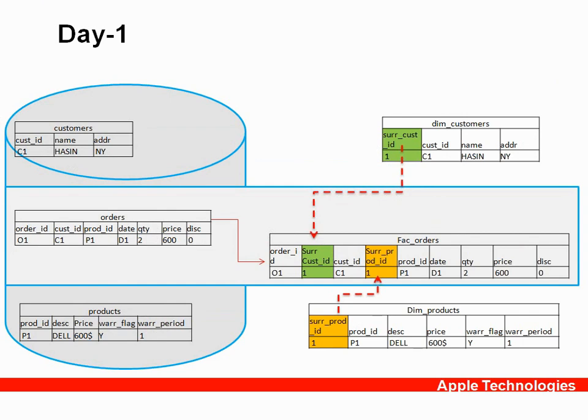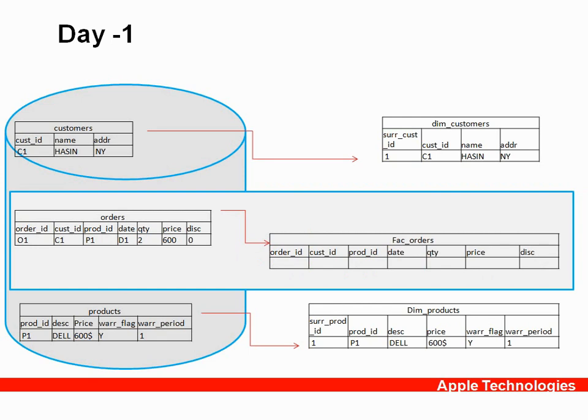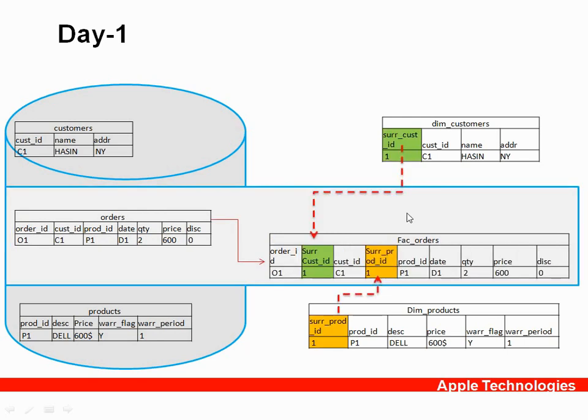You can see 1, 2, 3, 4, 5, whatever columns are there, I just created all the columns. But when creating fact tables, in addition to those columns, remember star schema: dimension, fact table, primary key, foreign key.